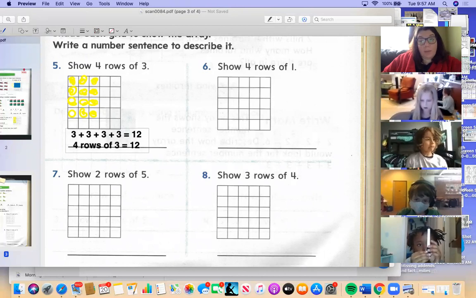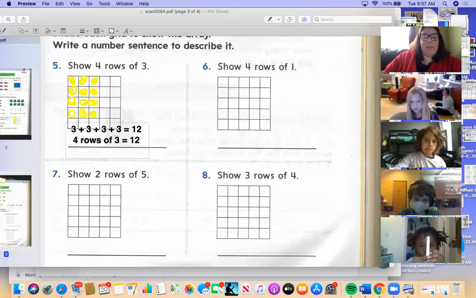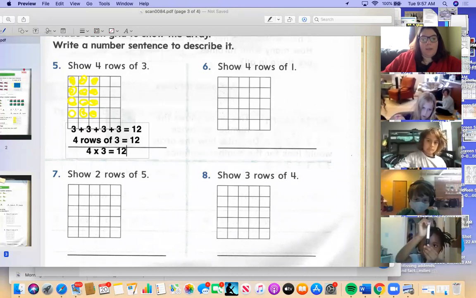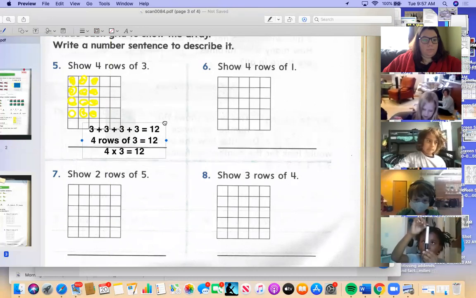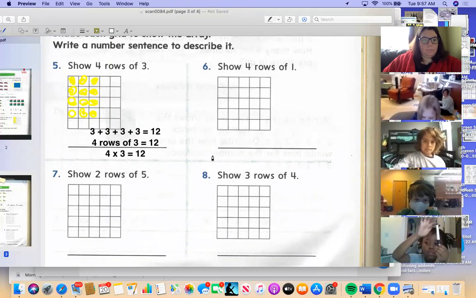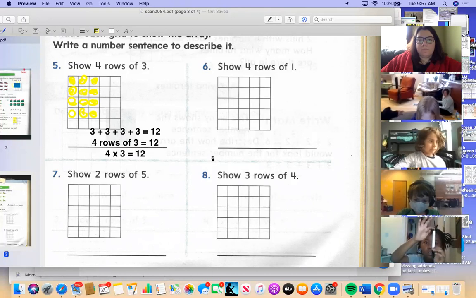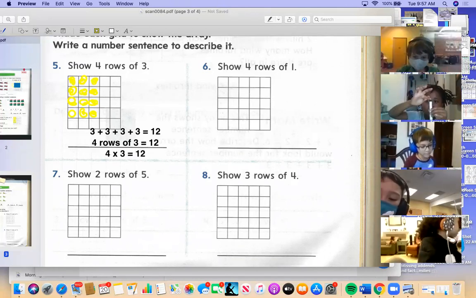And if we really wanted to keep going and make this a multiplication sentence, because multiplication is just repeated addition, we could say 4 times 3 equals 12. Guys got this?